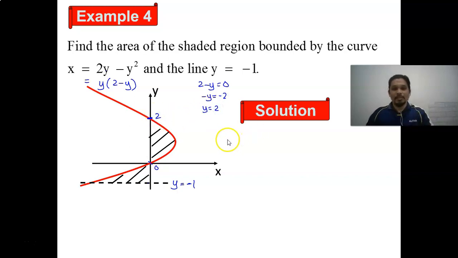Okay, so then the area, I name this one as A1 and this A2.